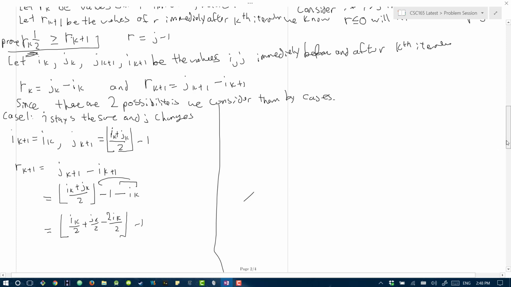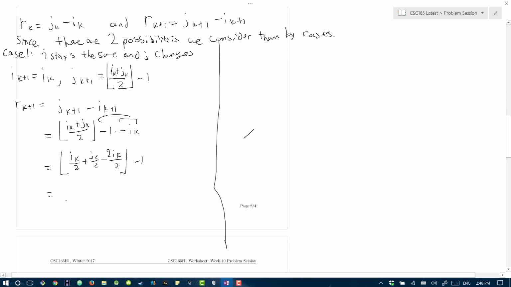Okay, and then this is equal to j_k minus i_k, because you have 2 minus 1, divided by 2. Or rather, we can rewrite this as times 1 over 2, floor, minus 1. We know that this equals r_k minus 1.